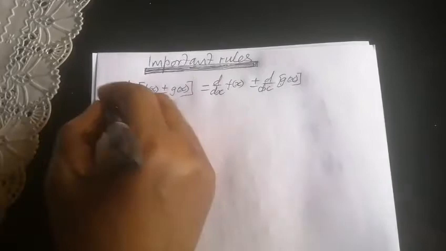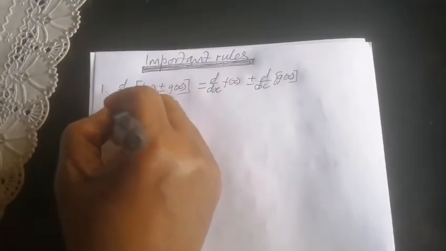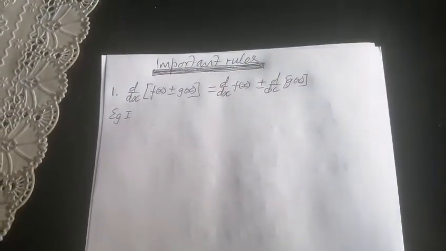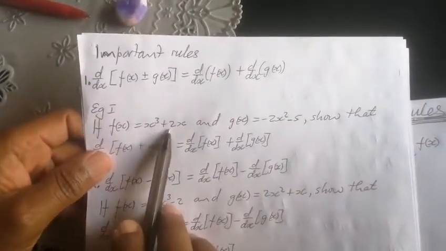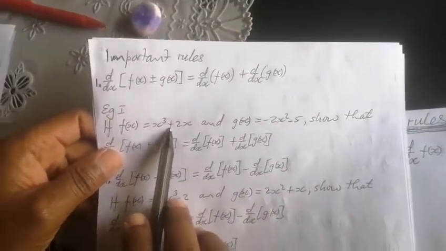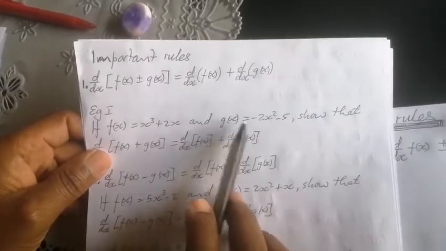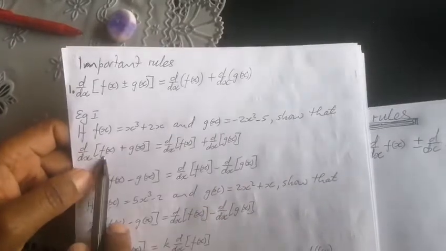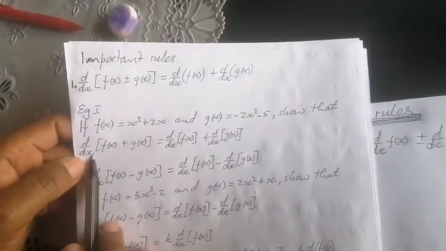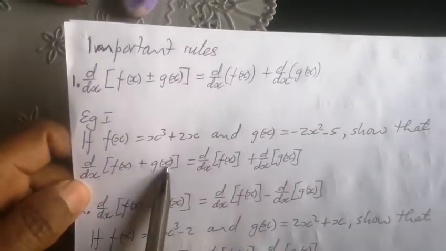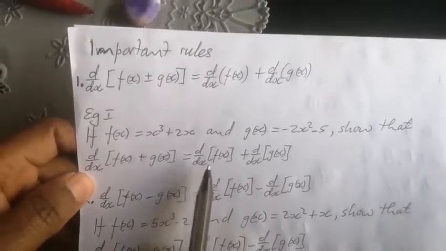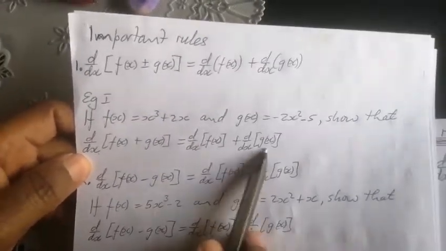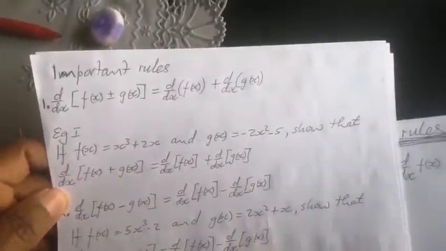So we are looking at an example just to make sure you understand what we are talking about. It reads, if f of x is equal to x cubed plus 2x and g of x is equal to minus 2x squared minus 5, show that the derivative with respect to x of f of x plus g of x is the same as the individual derivatives of f of x and g of x.